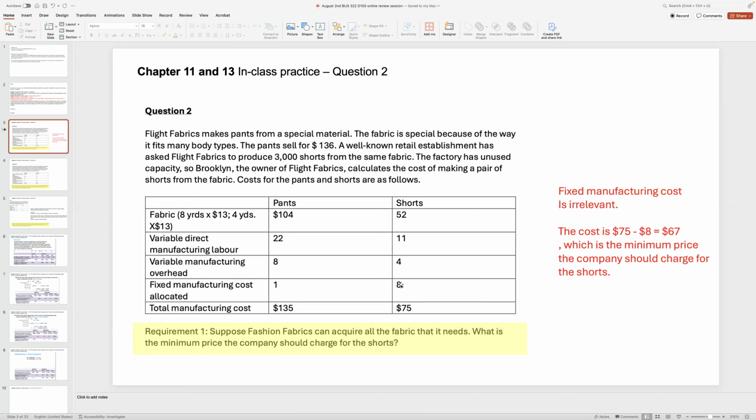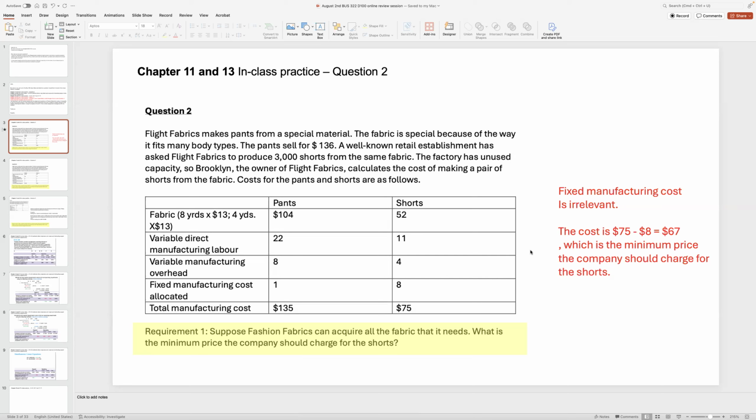Therefore, my cost relevant to this decision making is 75 minus $8, so that will be 67. That will be materials, labor, and variable manufacturing overhead. I add these up, that's $67. So that's my cost.